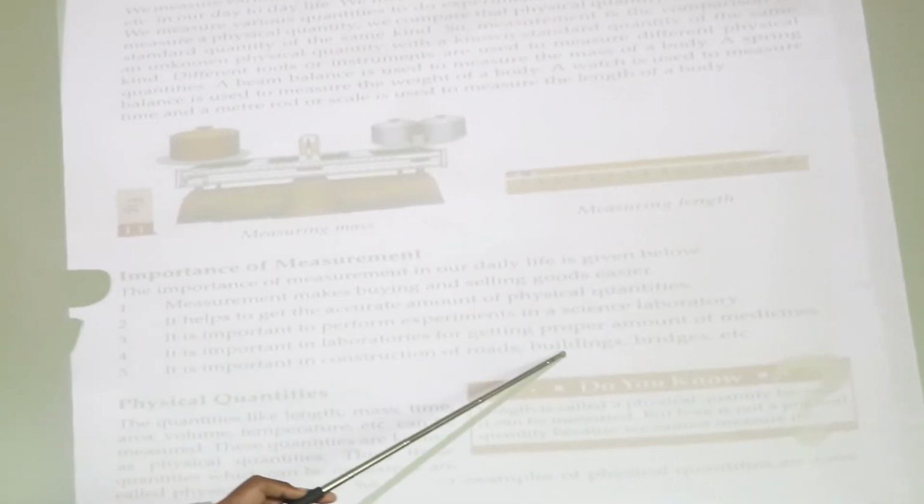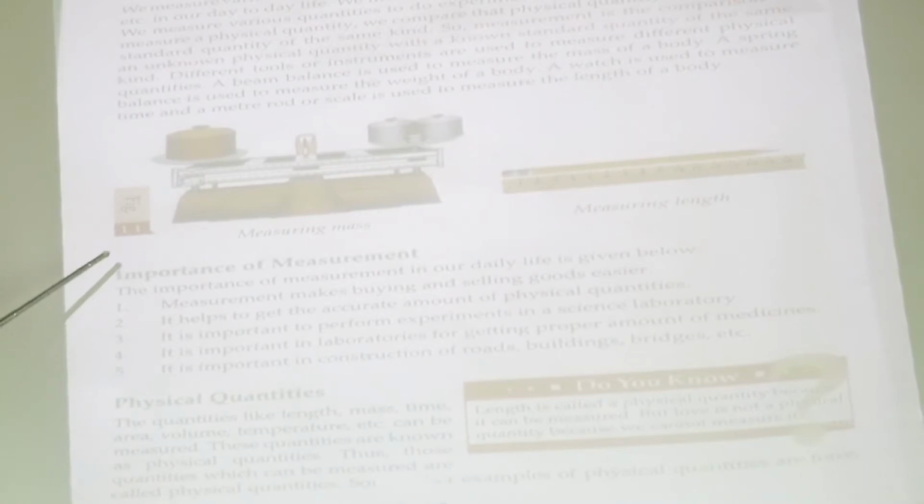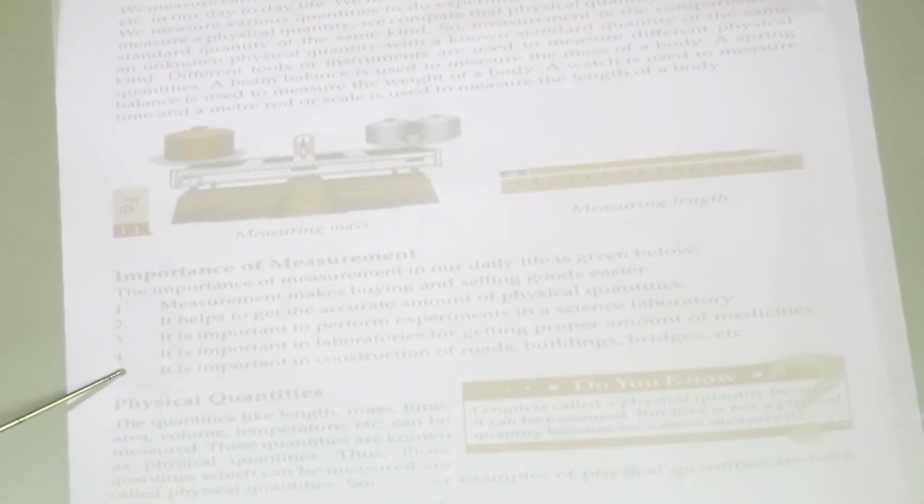In medicine, measurement plays a vital role. For example, if we feel sick, the doctor tells us to eat half a tablet, or prescribes the medicine according to our age. It is also important in the construction of roads, buildings, bridges, etc. These are the importance of measurement.